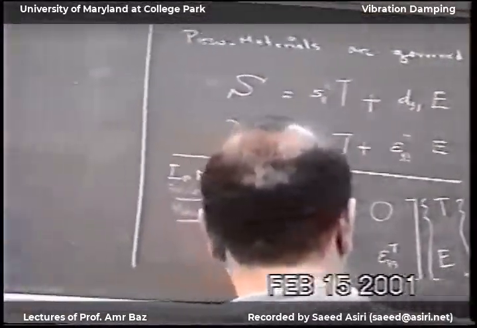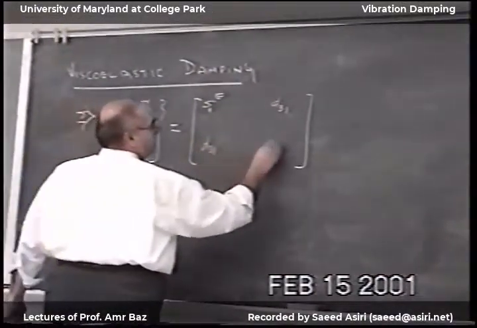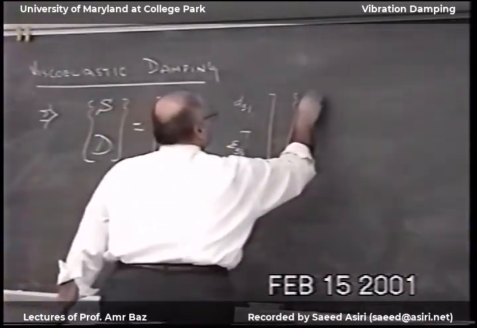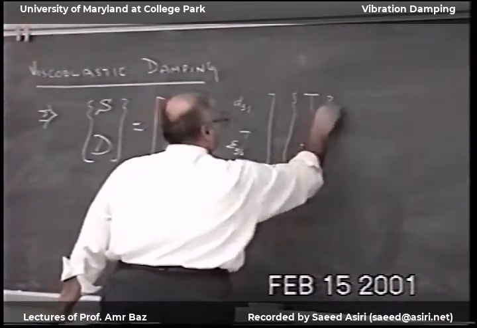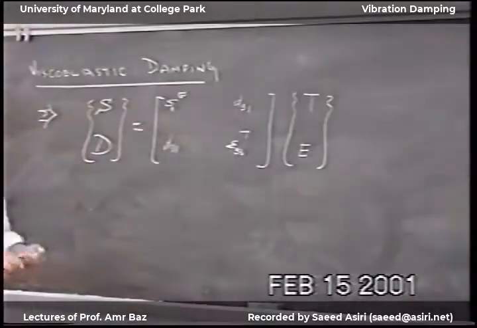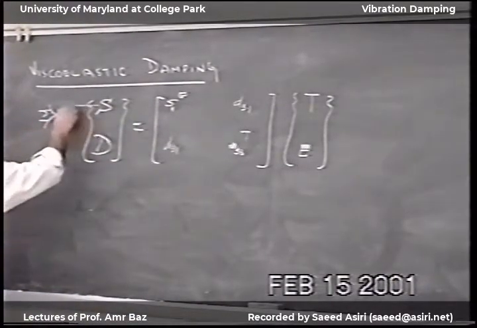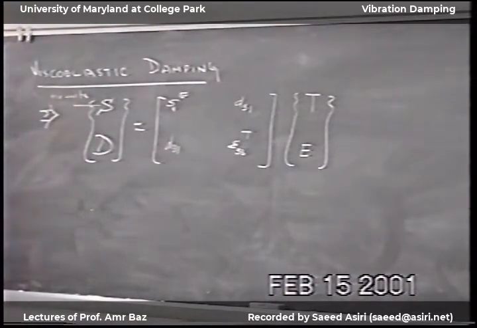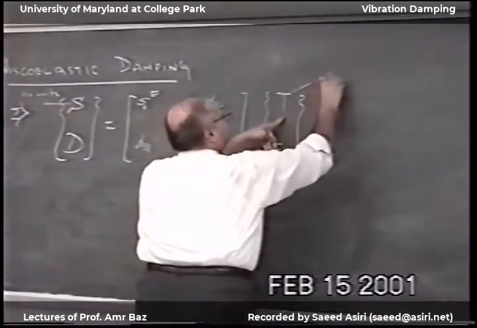Now here we have S11E. This is small s, D31, D31, and then epsilon 33T. Then we have stress and electric field. So the strain does not have any units. The stress has newtons, for example, per meter squared.